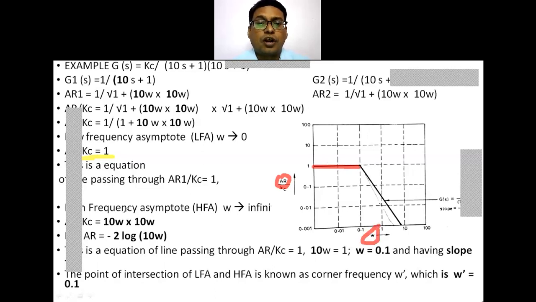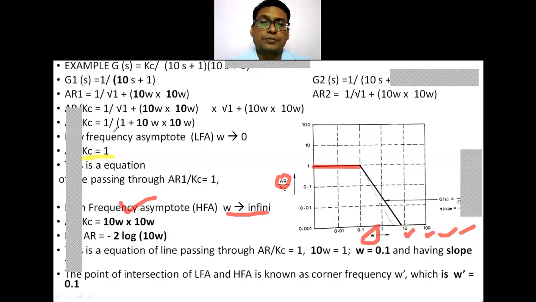Then for the high frequency asymptote, I am going to substitute omega tends to infinity. That means omega will have higher values: 10, 100, 1000, 10,000 and so on.